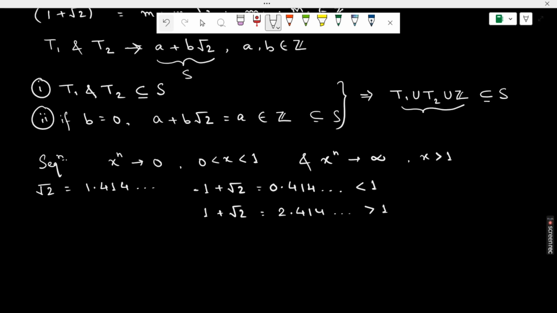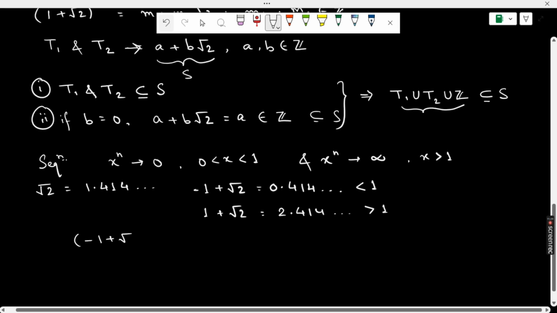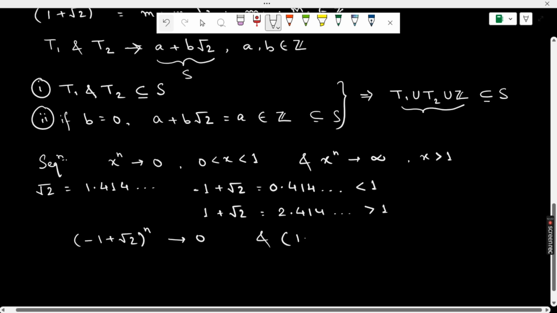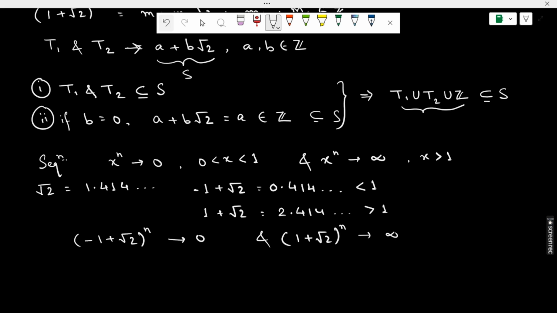So we can say that (−1 + √2)^n tends to 0 and (1 + √2)^n tends to infinity.